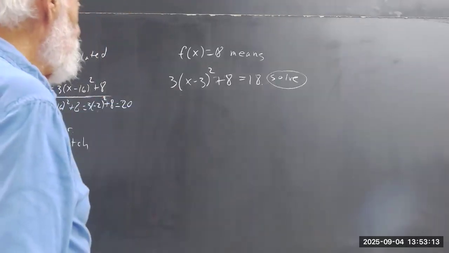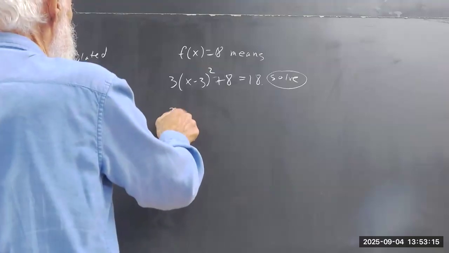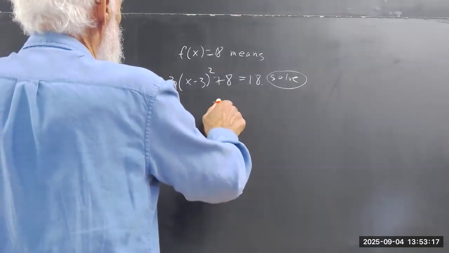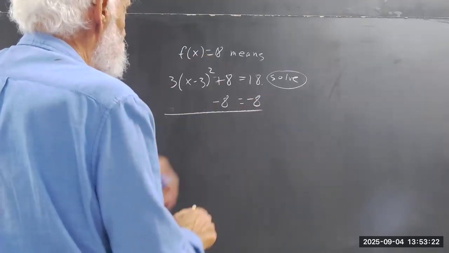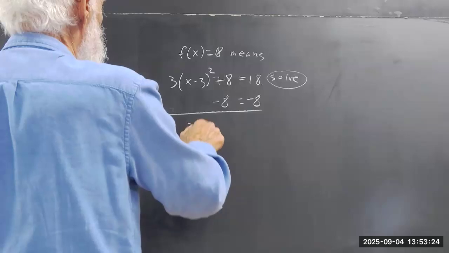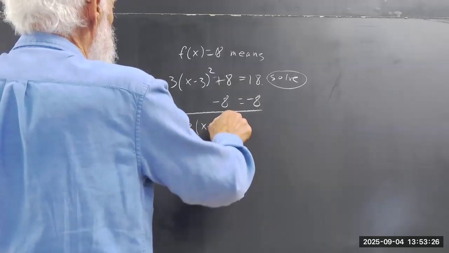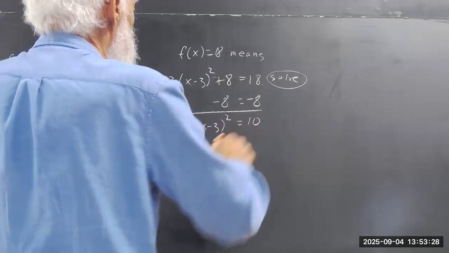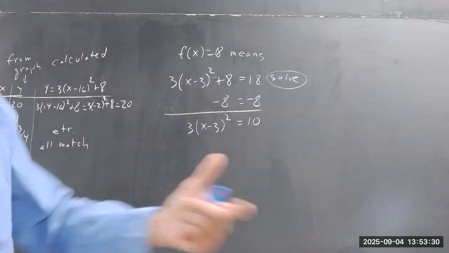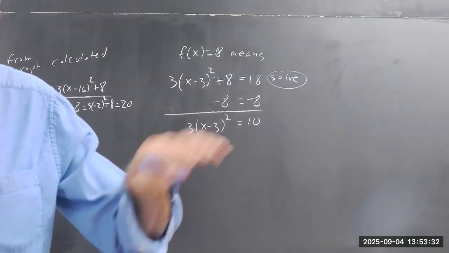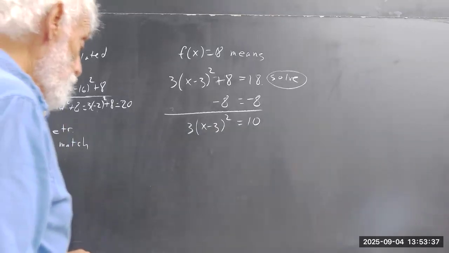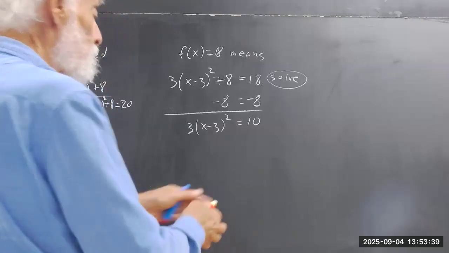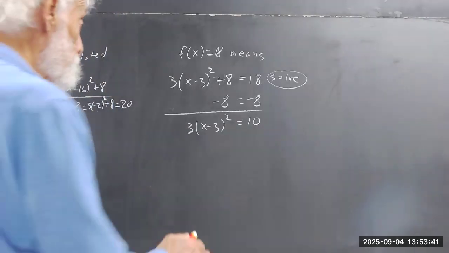How do I solve this equation? Well, a lot of people like to do this. Subtract 8 from both sides, and we get 3 times the quantity x minus 3 squared equals 10. I'll talk more about equation solving, but I'm just giving you a taste of what we're getting into and how the algebra corresponds to what we've learned from the graphs.